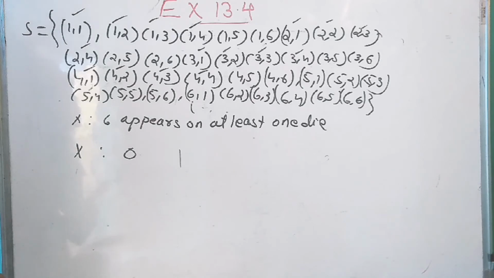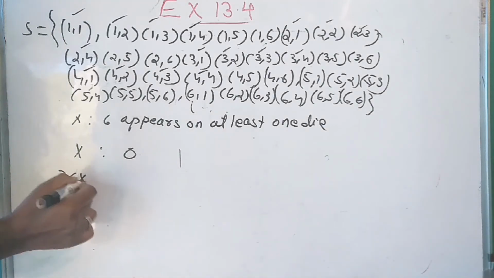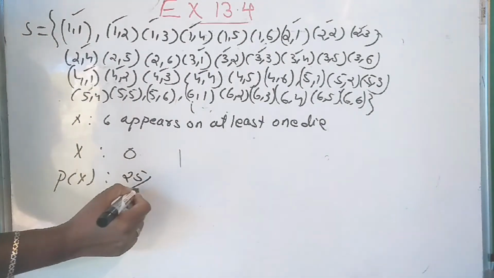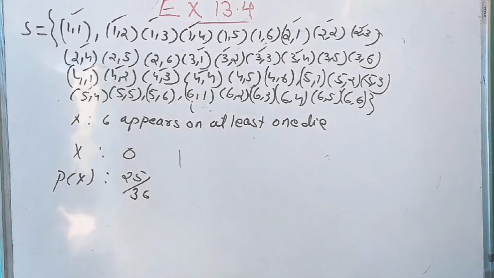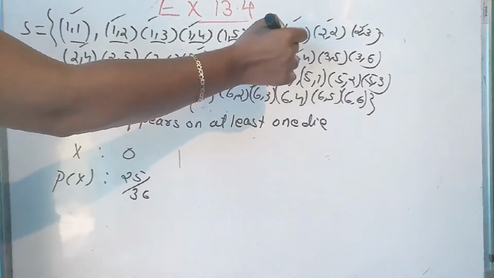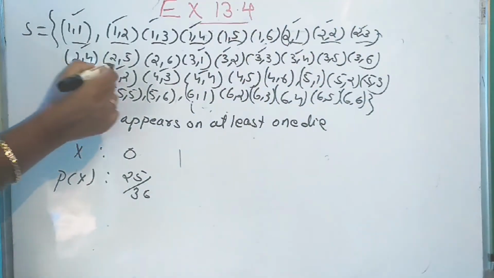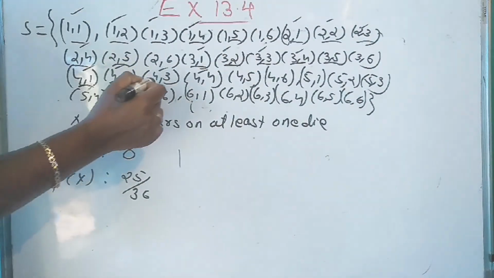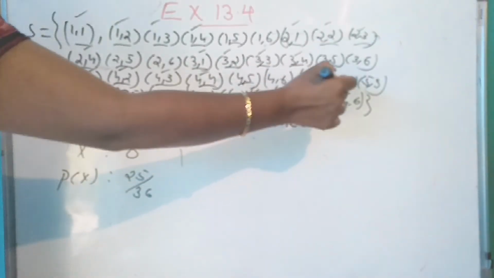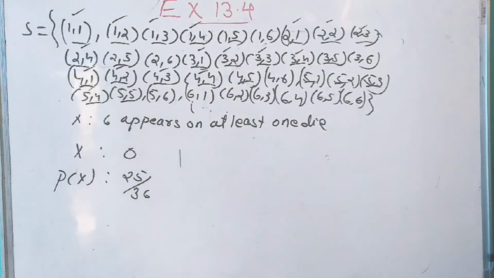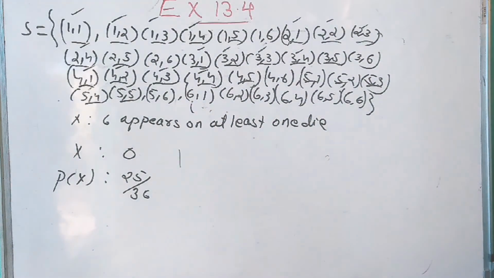The probability for the first is 25 by 36, and in these 25 outcomes there is no 6. Counting 1, 2, 3, up to 25, there are 25 outcomes with X equal to 0.